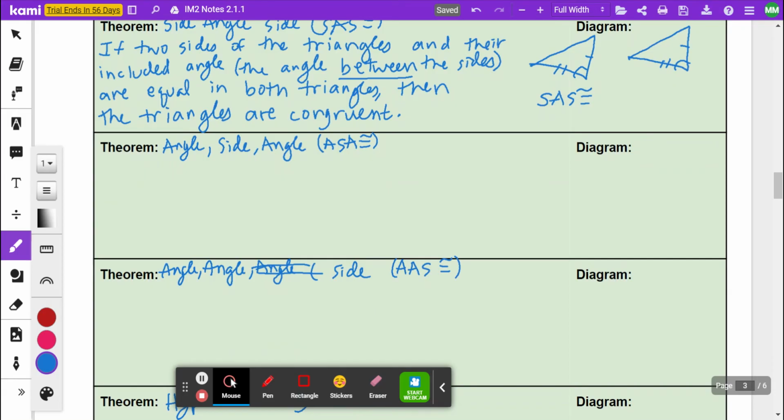Our next theorem, angle, side, angle. This is like the last one, except instead of having an included angle, you have an included side. So here we go.